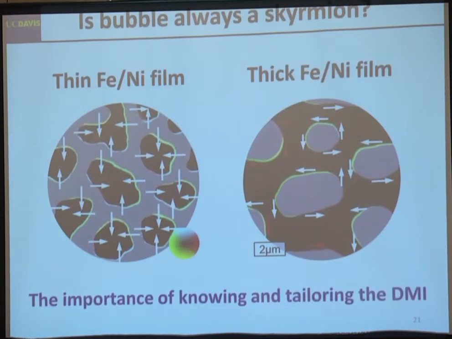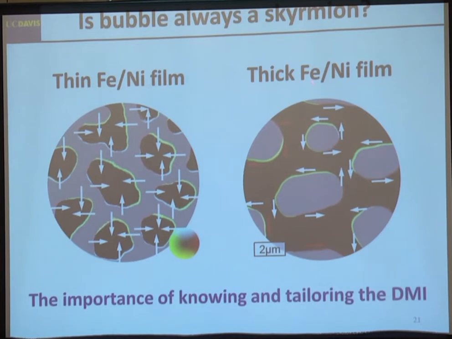And next, I want to discuss briefly the role of the DMI in the formation of the bubble. I showed you two cases. In the same iron-nickel film where we knew the DMI can dominate, you have this very large bubble with the chiral Néel wall, so some people call it a chiral bubble.